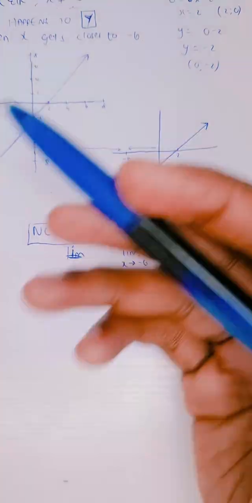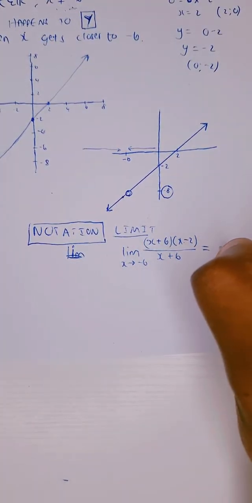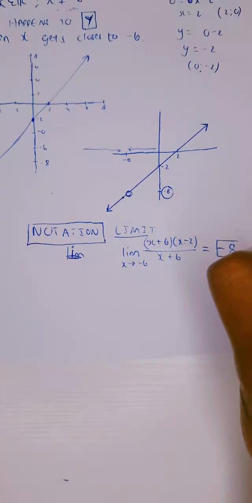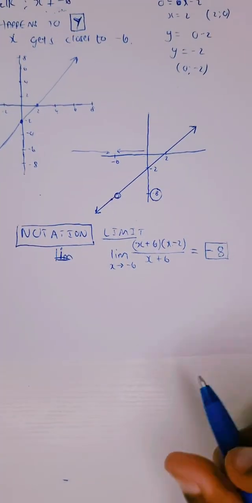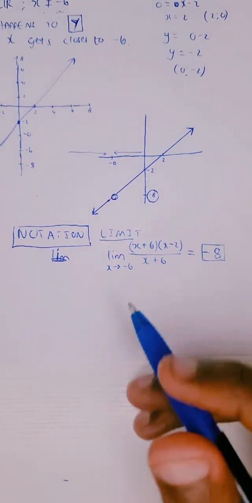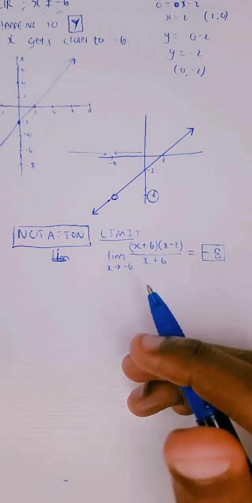And that output y value that we approach is equal to negative 8. So this is how we represent this in limit notation form.